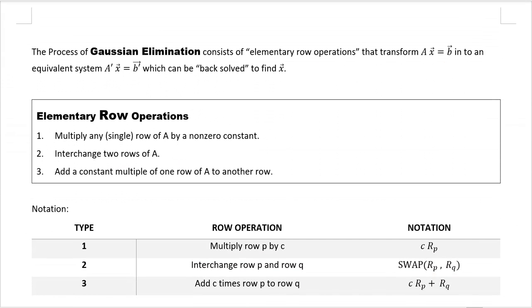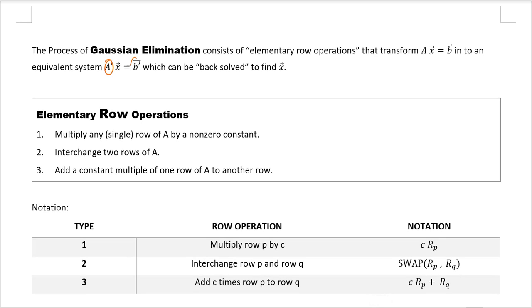Alright, next. The process of Gaussian elimination consists of elementary row operations that transform the linear system Ax equals b into an equivalent system A prime x equals b prime. A prime and b prime are different matrices and vectors, but with this new system we can back solve to find x.